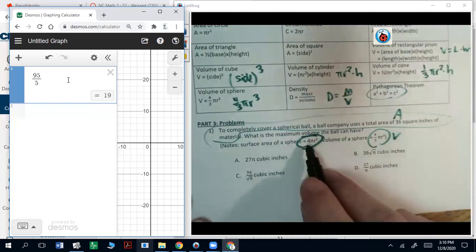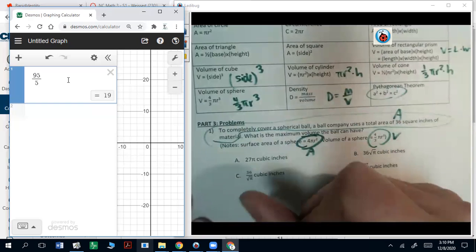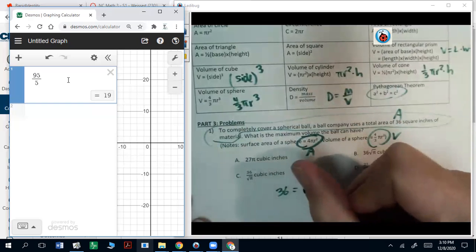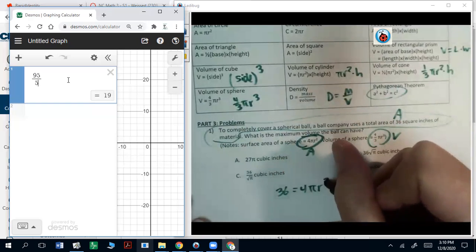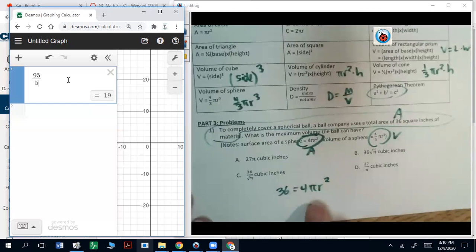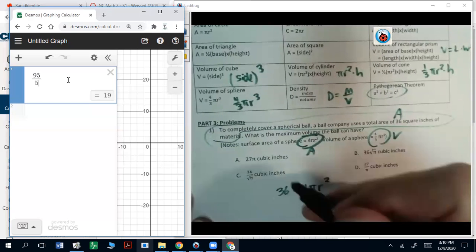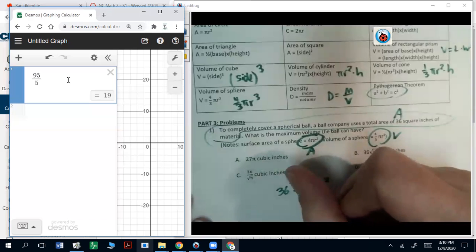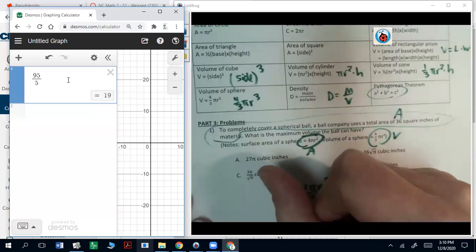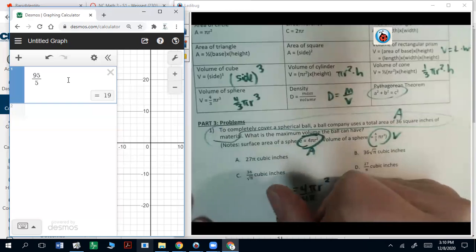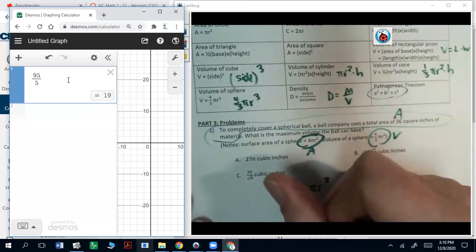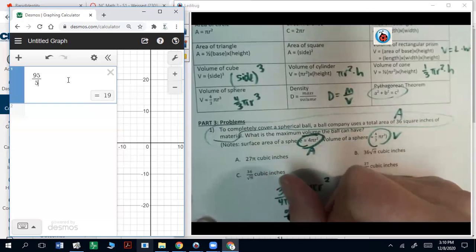So we're going to start with knowing the area. 36 is the area, and we know that the formula is 4 pi r squared. So we're going to set those equal, and we're going to solve. Let's divide the 4 and the pi out. And 36 divided by 4 is 9, so it's really just 9 over pi.